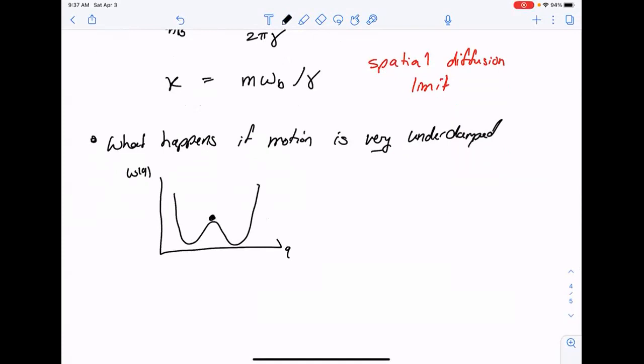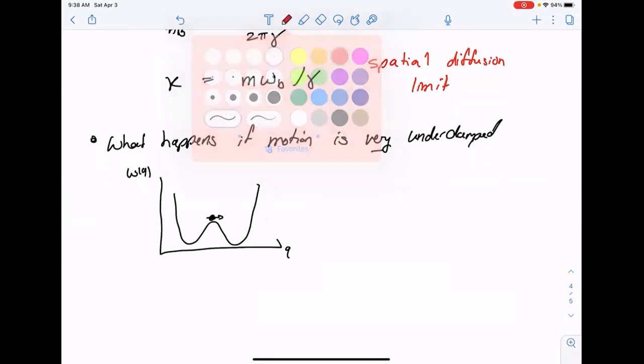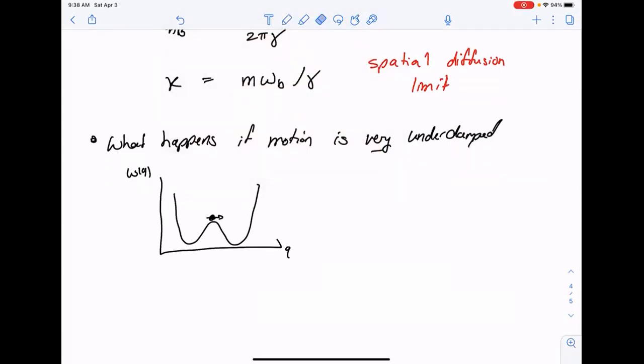Once it's at the top of the barrier, though, if it's very underdamped, in fact, in the limit that the system does not interact with the bath at all, it would then conserve energy. And provided it started with that amount of potential energy, it would undergo a periodic orbit, never actually committing down to the B basin.